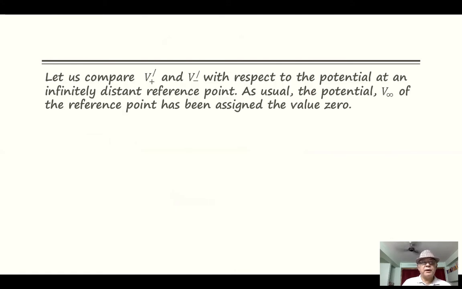Let us compare V plus dash and V minus dash with respect to the potential of an infinitely distant reference point. As usual, the potential V infinity of the reference point has been assigned the value 0. The comparison is illustrated in the figure below.